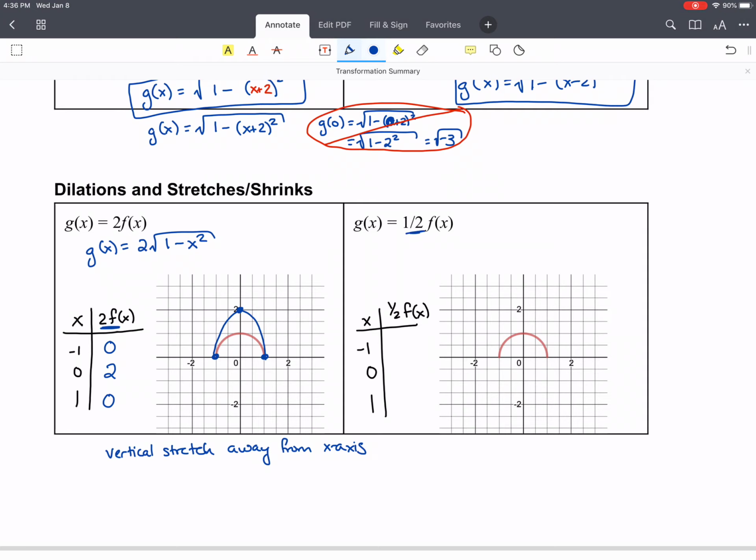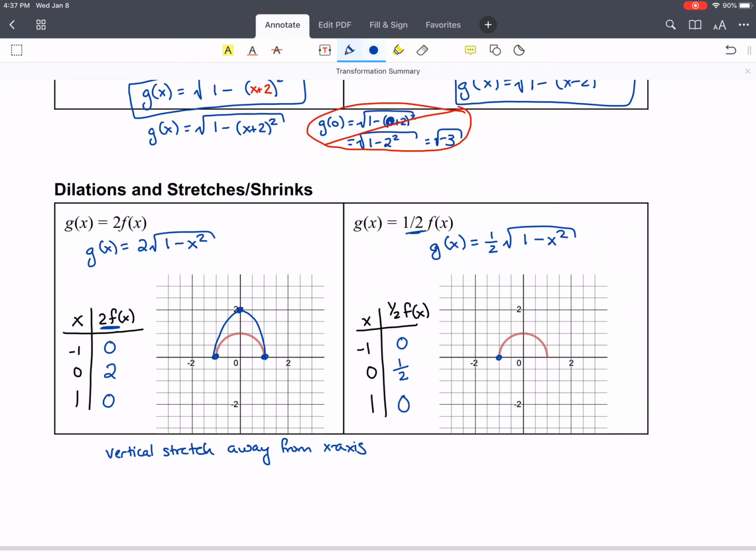If instead I multiplied by a half, well, first of all, let me write down the equation. g of x is going to be 1/2 the square root of 1 minus x squared. When I input -1, I'll get a 0 under the square root, so 1/2 times 0 is still 0. When I input 0, I'll get a 1 under the square root. 1/2 times 1 is now 1/2. When I input 1, I get a 0 under the square root, and 1/2 times 0 is still 0.